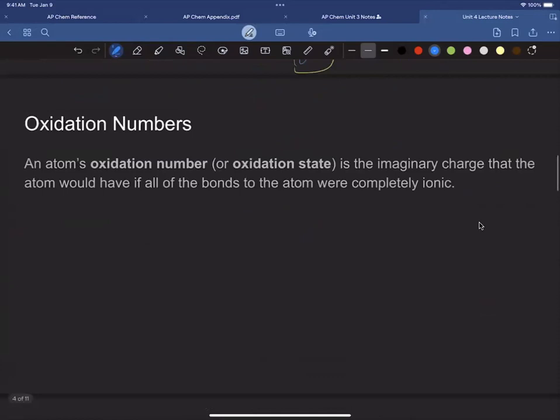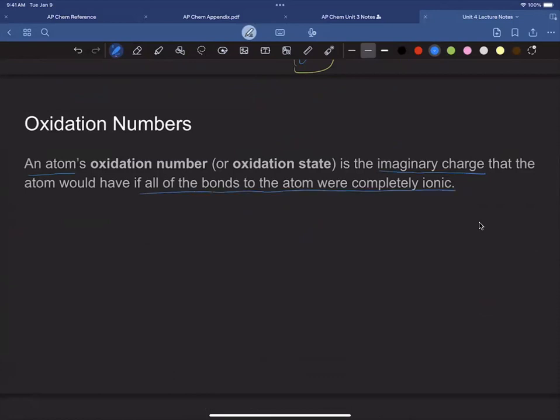And that's called oxidation number, right? So let's look at the definition here. An atom's oxidation number or oxidation state is the imaginary charge that the atom would have if all of the bonds to the atom were completely ionic.